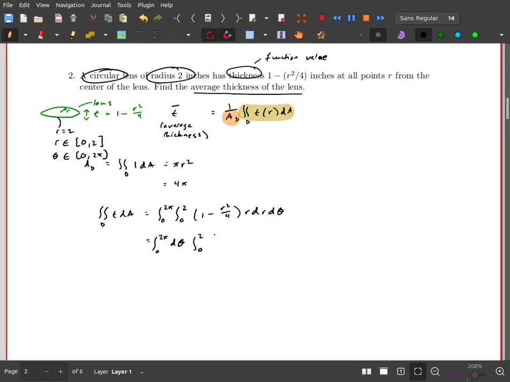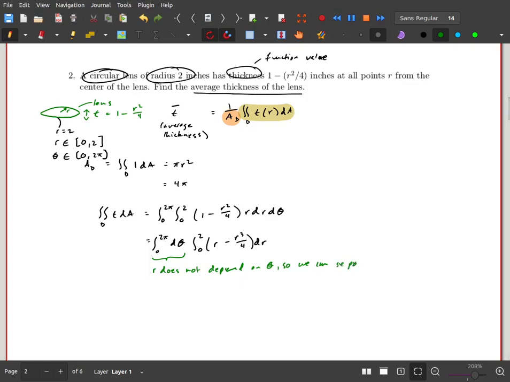That becomes r minus r cubed over 4 dr. Because r does not depend on theta, we can separate the integral.